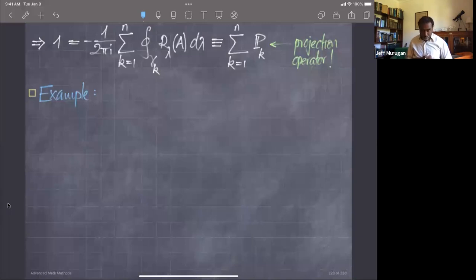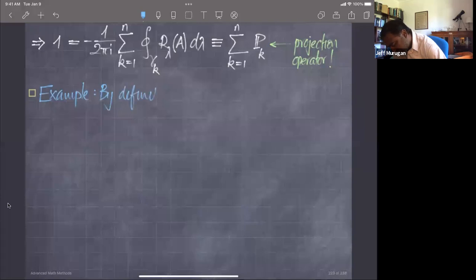So I want to start by recalling what the defining property of a projection operator is. Can anybody tell me, when do I know if I have a projector? Let's pick on somebody. Sebastian.